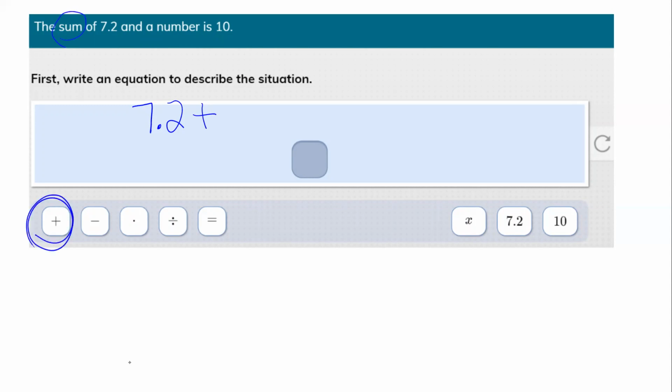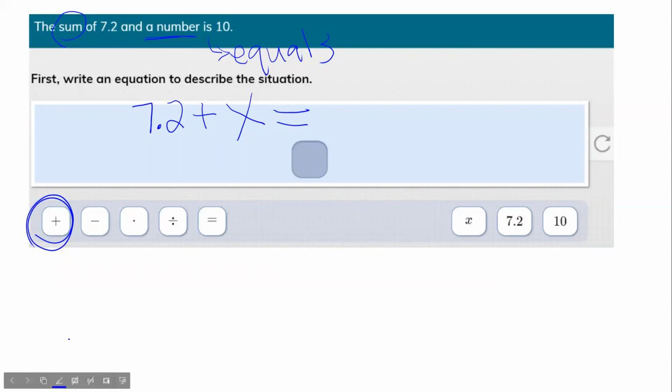Sum means to add, okay? So the sum of 7.2 and a number, which is what we don't know, that's why I'm using X, "is" is a fancy math way of saying equals. All right, is, you know what?